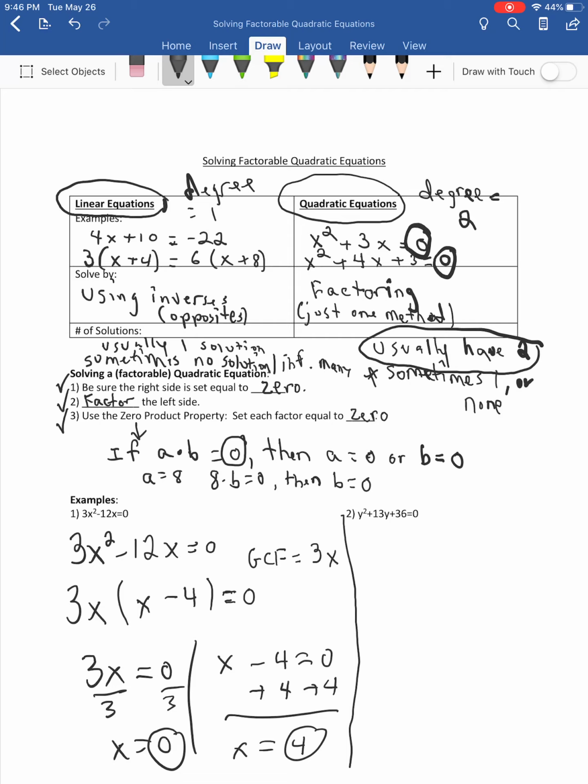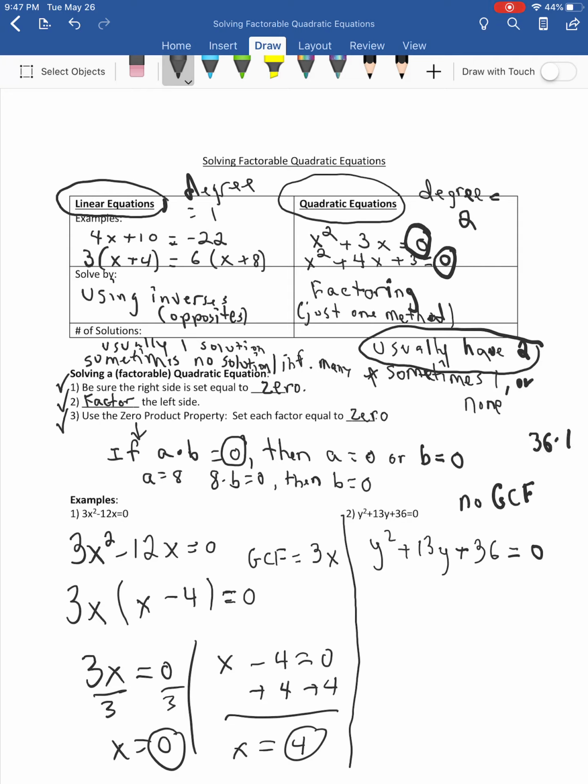All right. Number 2, y squared plus 13y plus 36 equals 0. Okay. Right side is set equal to 0. Now we're going to factor. When factoring, you always want to check for a GCF first. The first two terms have y's. The last term does not, so there is no GCF. Okay? So now we're going to factor looking at the factors of 36.